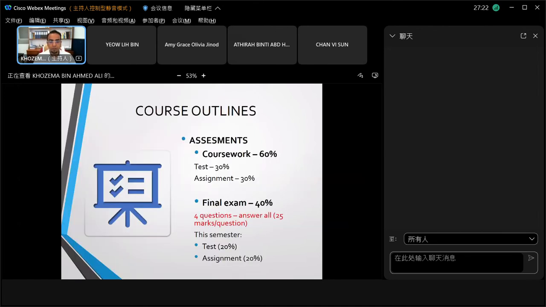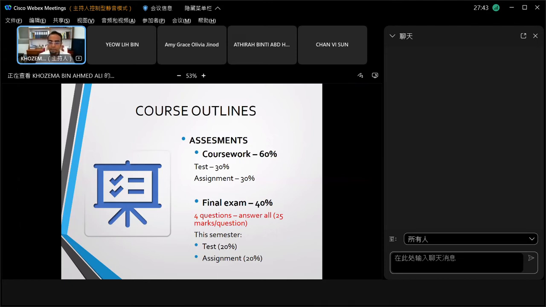The next thing is that I hope this one was already told by Dr. Halina, but this is just a revision for everybody. Our coursework, IEK 108: the assessment is divided between coursework and final exam.